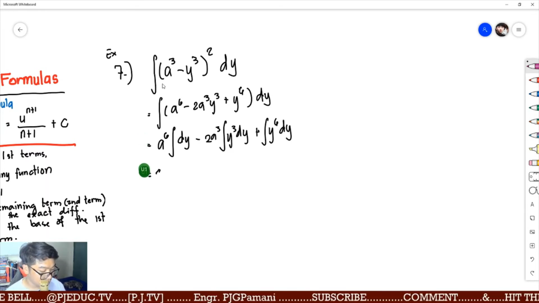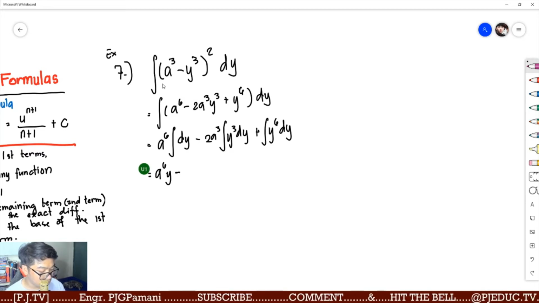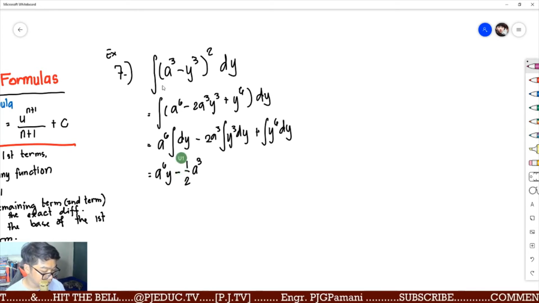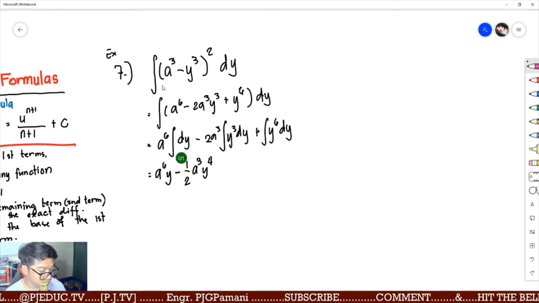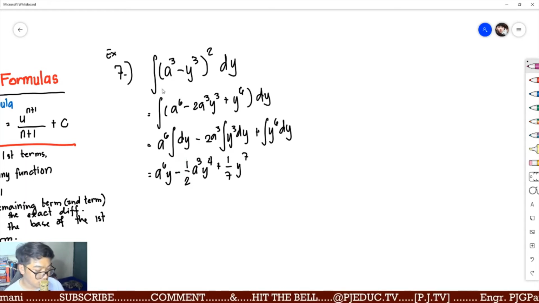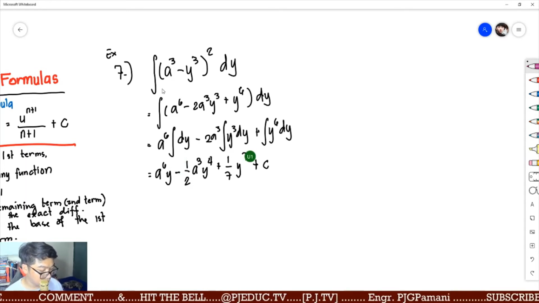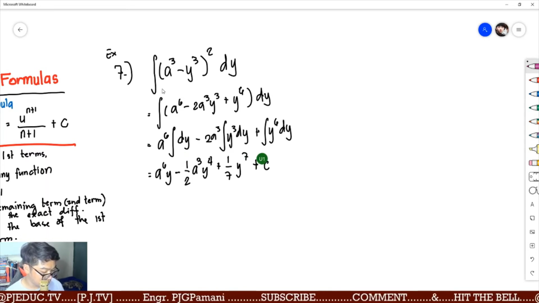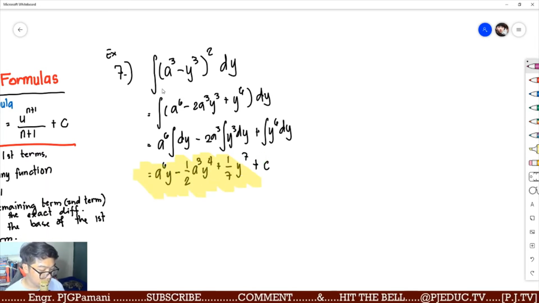Integrate, that is a raised to 6 y minus, that is 3 plus 1, 4, 2 over 4, 1 half a cube y raised to 4th plus 1/7 y raised to the 7th plus c. So this is now our final answer.